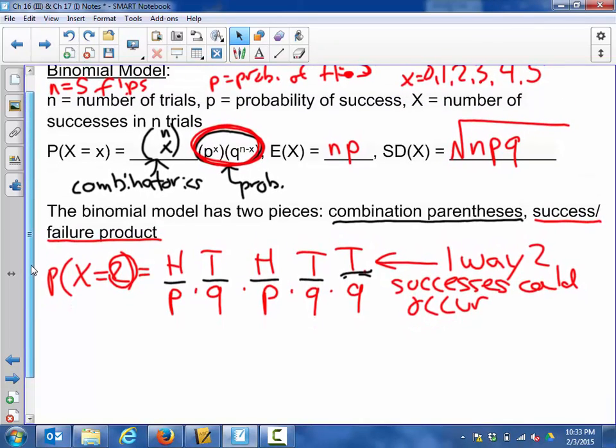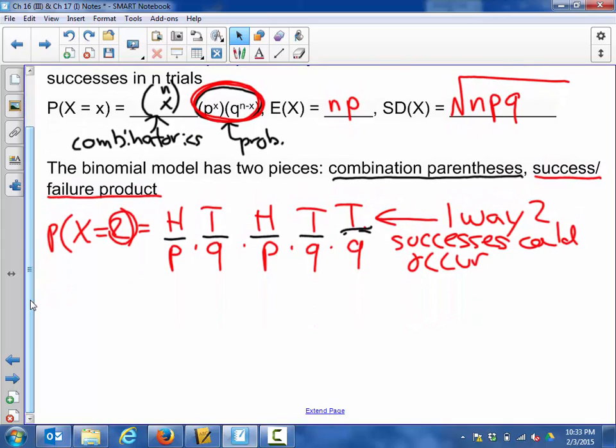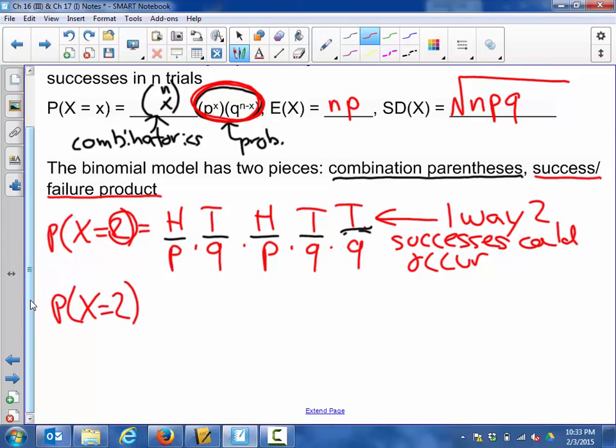So, for instance, let's use these numbers. If we want to find the probability that x is equal to 2, ignoring this n choose x for now, which we're going to explain a little bit more next slide, that would be times the probability of a head, 0.50, to the x, which I'm circling right now. That's just the number of successes you want to see.